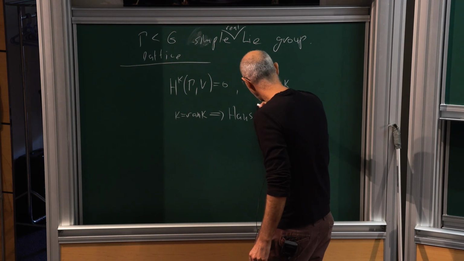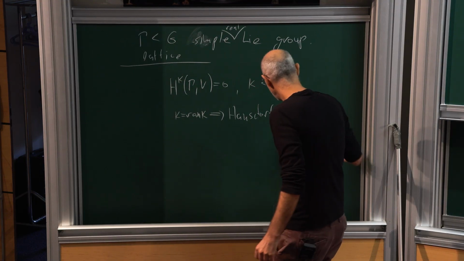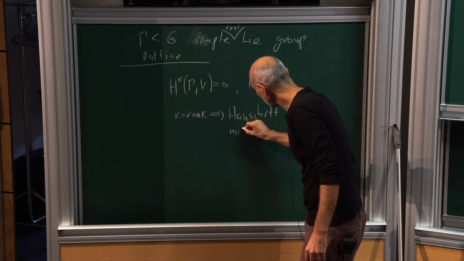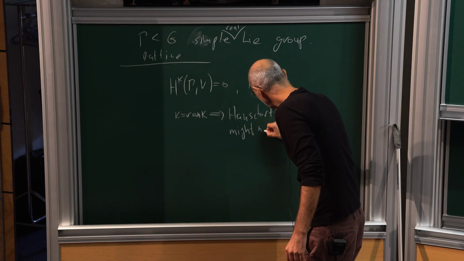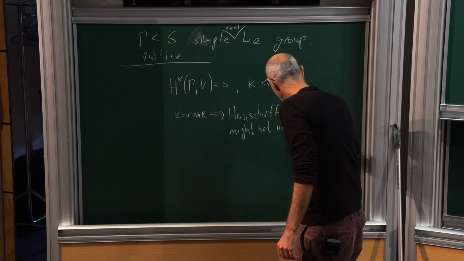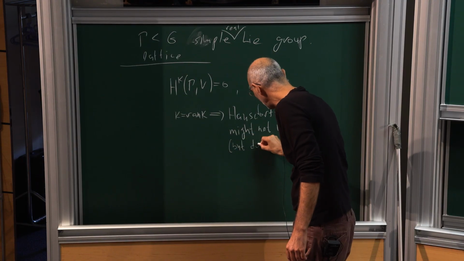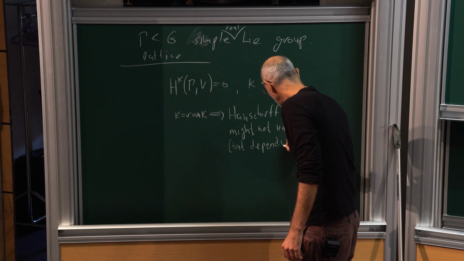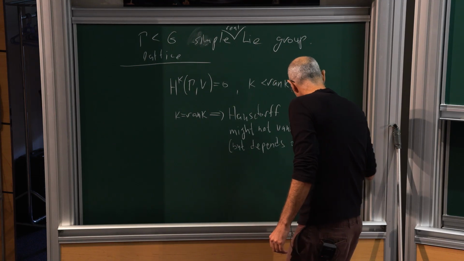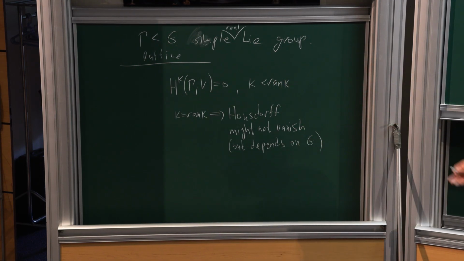At the rank, it is still Hausdorff. Above the rank, it might not vanish. But really this depends on G. For some groups G, like SO(n,1) that I mentioned earlier, the vanishing of cohomology goes higher than the split rank.